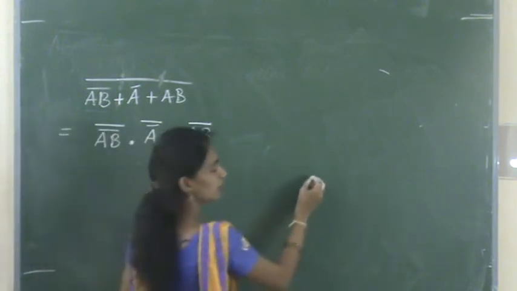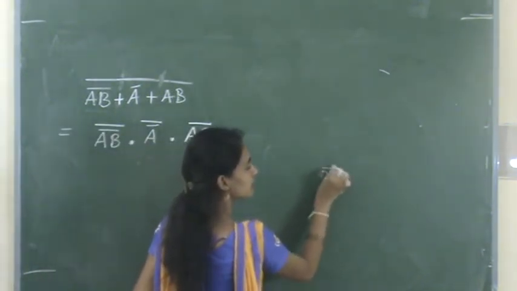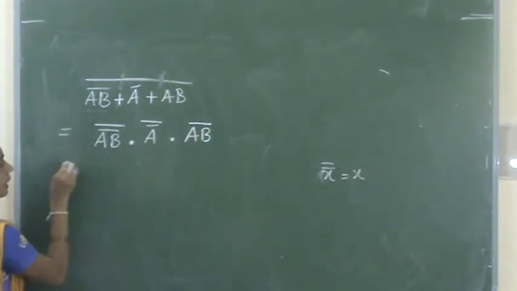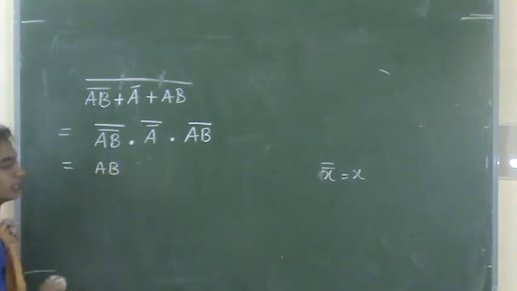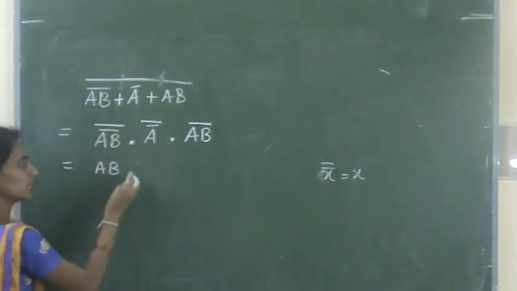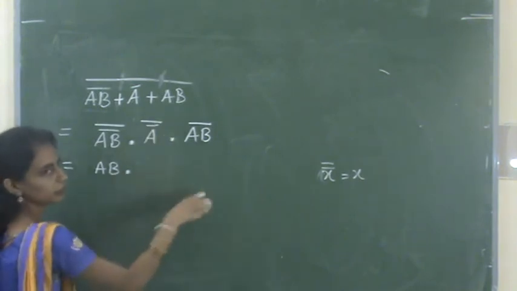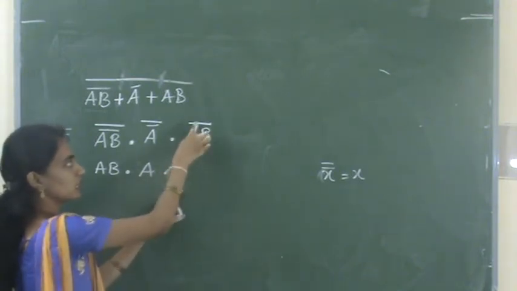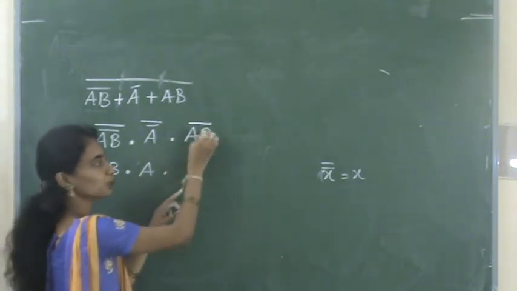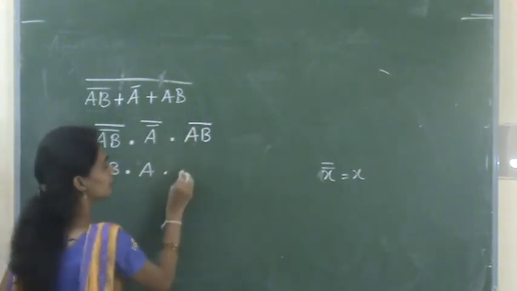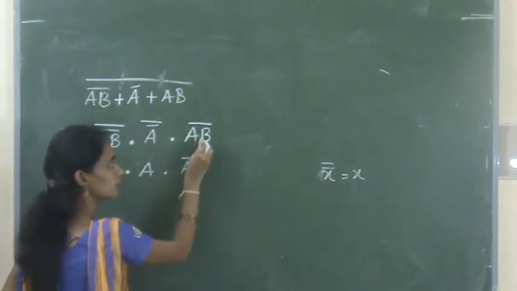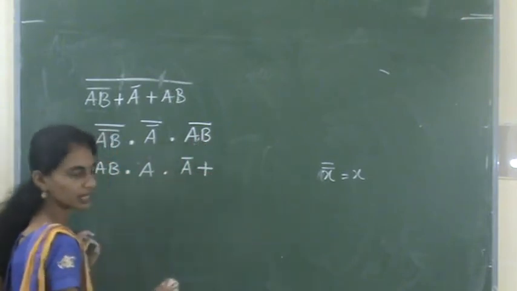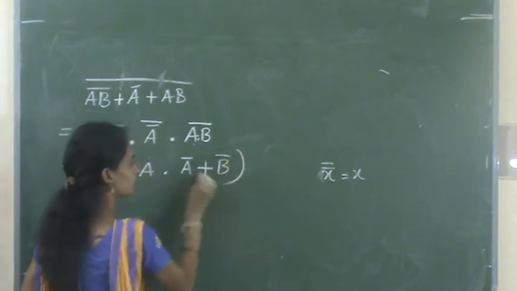We know the double inversion law: x double bar is equal to x. So ab double bar gives ab, and a into, a plus b, here also a into b whole bar. Divide that bar, so you get a bar; if we have an AND operation, convert it to an OR operation, and then b bar.